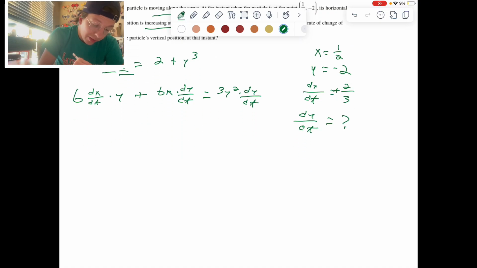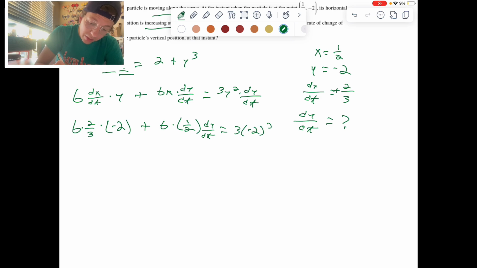Okay, so we have 6 times dx over dt, which is 2/3, and then times y, which is -2, plus 6 times our x, which is 1/2, times dy over dt, which is our unknown, and then 3 times -2 squared times dy over dt.